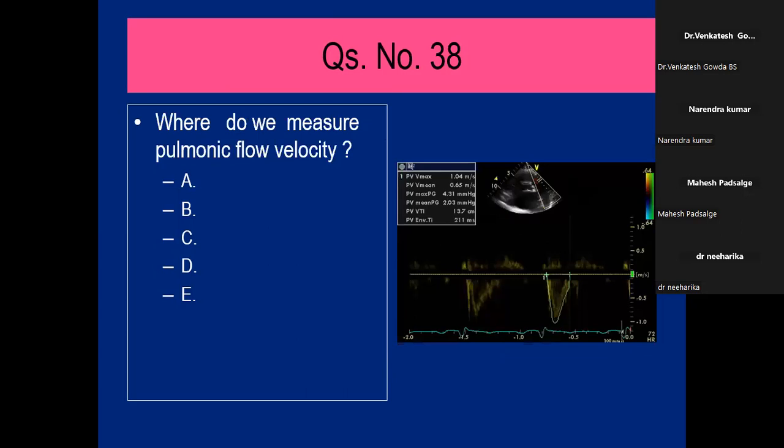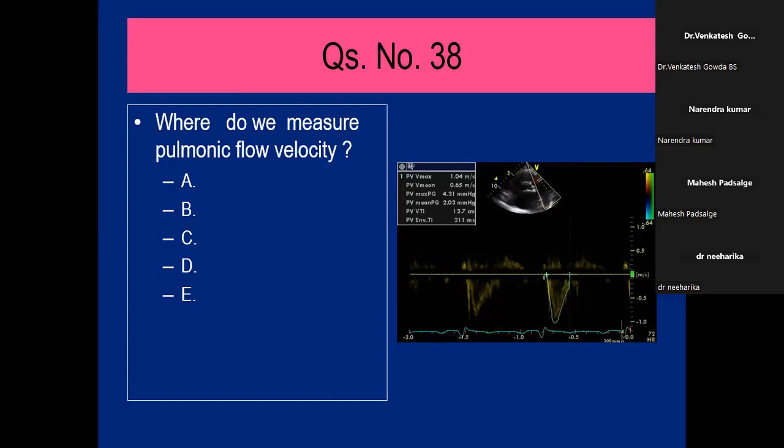Where do we measure pulmonic flow velocities? Parasternal short axis view at the aorta level. Where else?